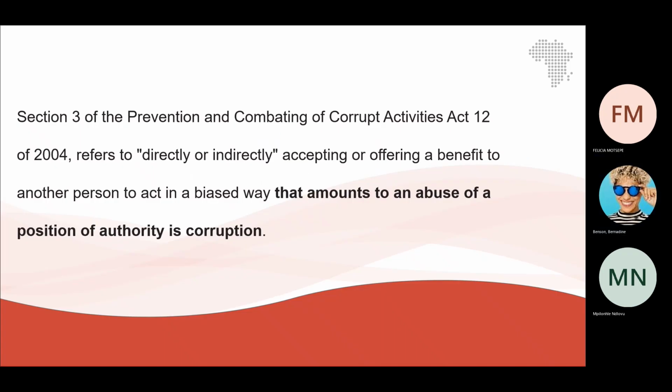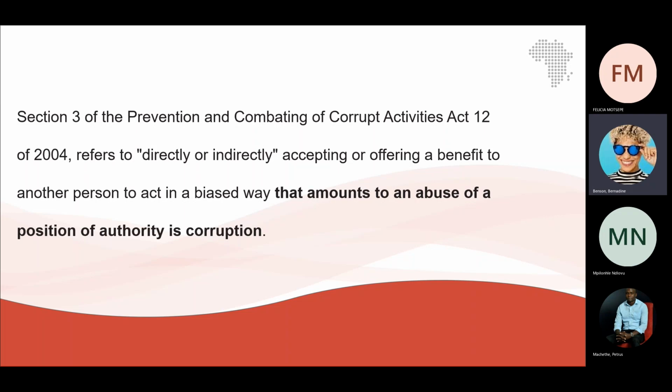So Section 3 of the Prevention and Combating of Corrupt Activities Act, Act 12 of 2004, refers to corruption as directly or indirectly receiving, accepting, or offering a benefit to another person, to act in a biased way that amounts to an abuse of a position of authority, and that is corruption. Now, nepotism is most certainly a form of corrupt practice, not only in South Africa. It's an absolute abuse of power, abusing your power to make sure that your family members are appointed, and in terms of cronyism or patronage, making sure that your friends or those who support you or your ideology are appointed.